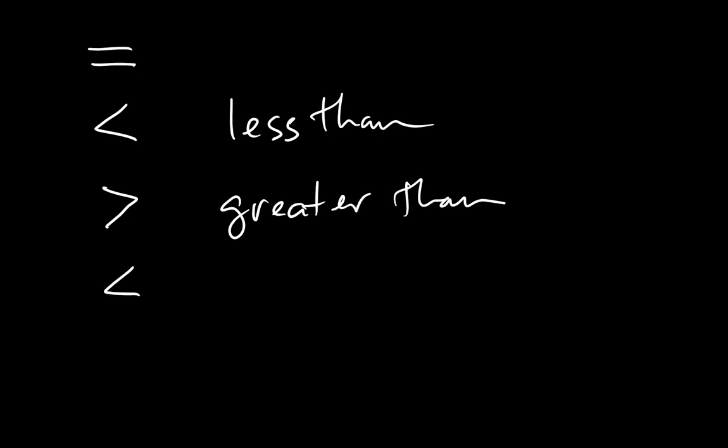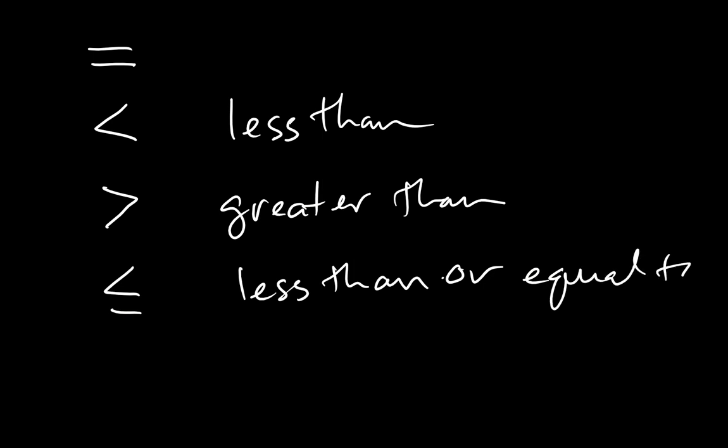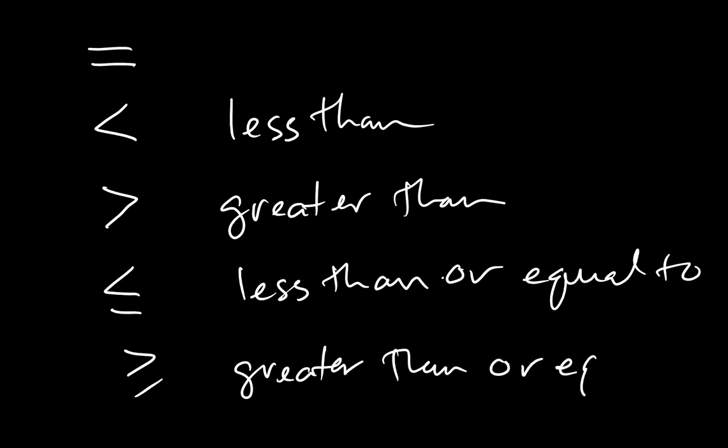This symbol is two things. Well, it's an or that joins them. It's either less than or equal to. And then this one goes the other direction. This is greater than or equal to.